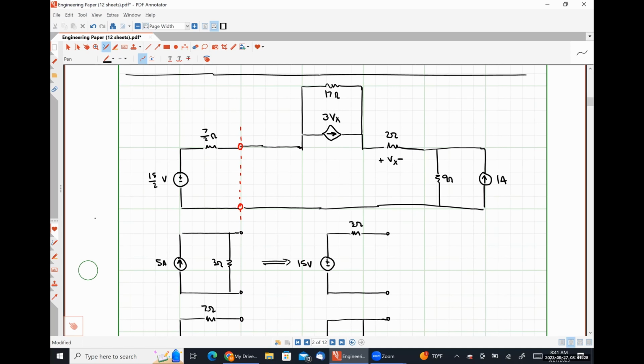Isaiah, what's up? Because that's the condition with which they'll be electrically equivalent to each other.